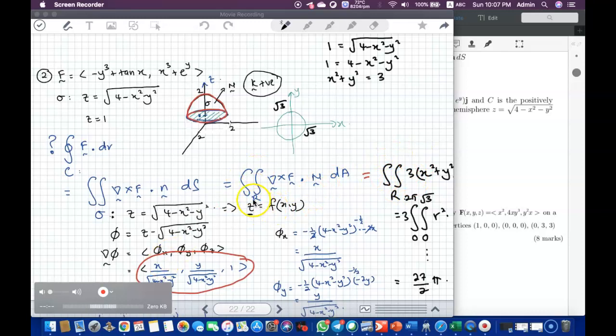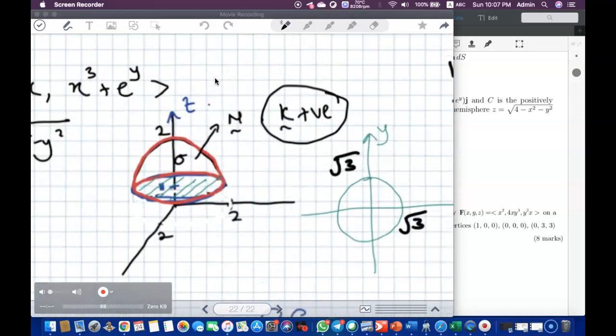Then, about the vector component i, j, or k that you have to focus on, you have to refer back to your sketch of this surface and determine the direction of n, where n always points outward from the surface. So it looks like n is pointing in this direction, following the z component, positive.